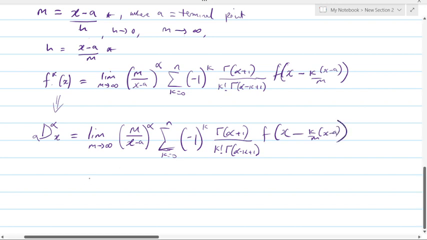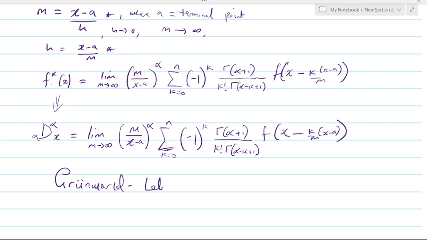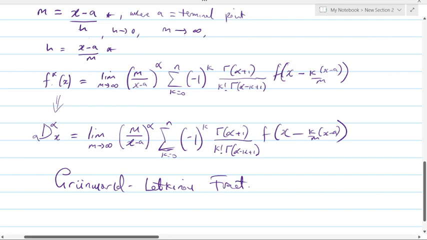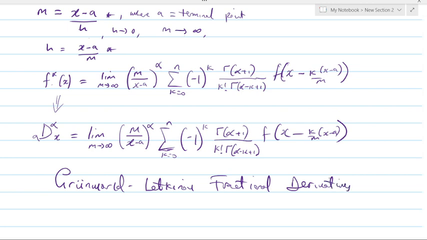So here we have our limit definition for fractional derivatives, and this is called the Grunwald-Letnikov fractional derivative, or what we call the GL operator.